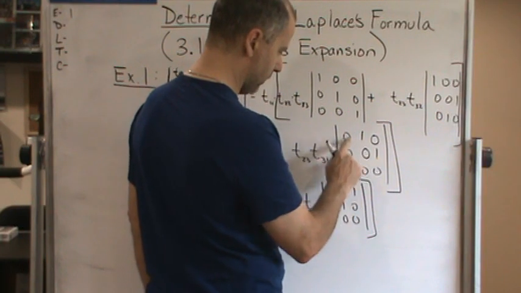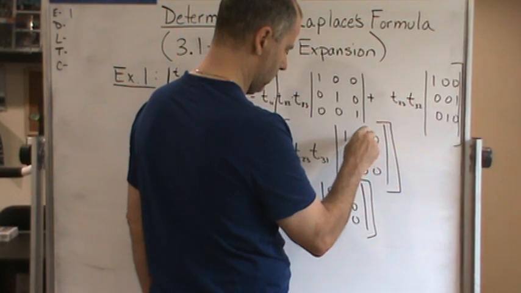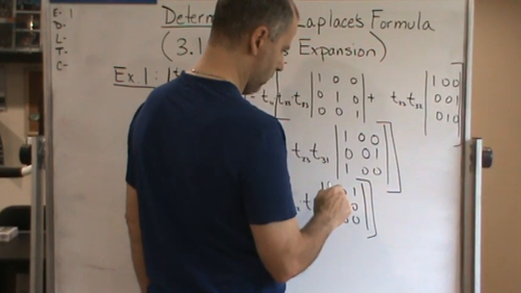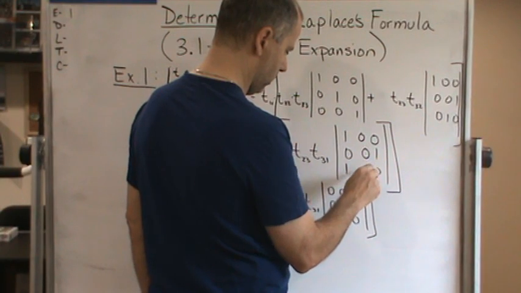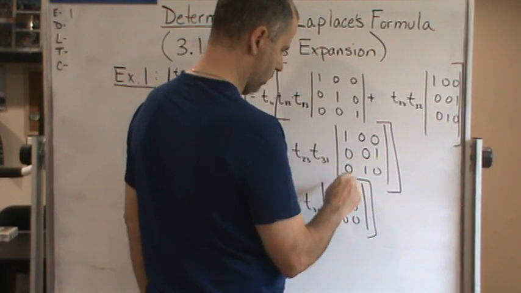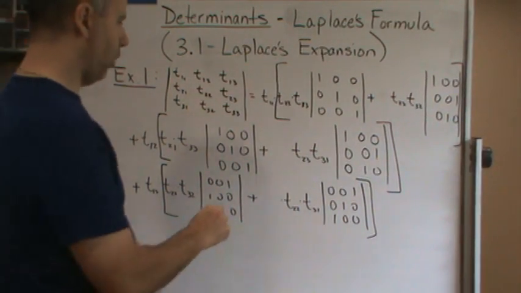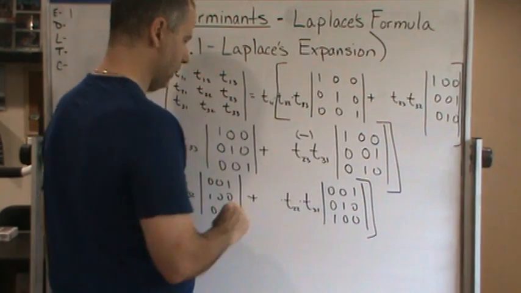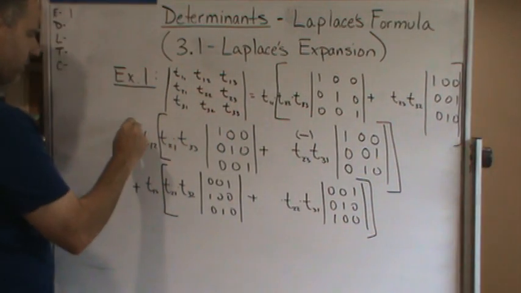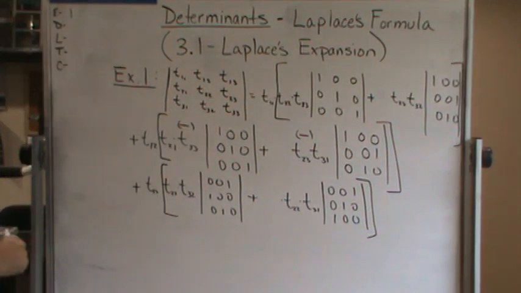So that means this is going to go 1. Like so. And then of course, because I made a swap that's going to bring a negative sign outside, right? It's going to bring a negative sign.